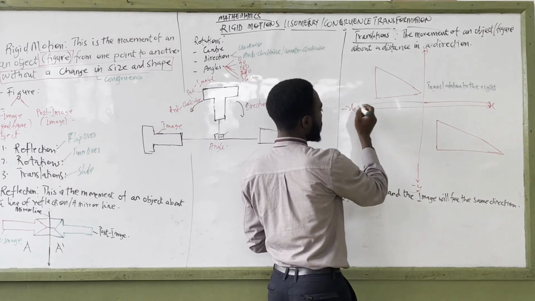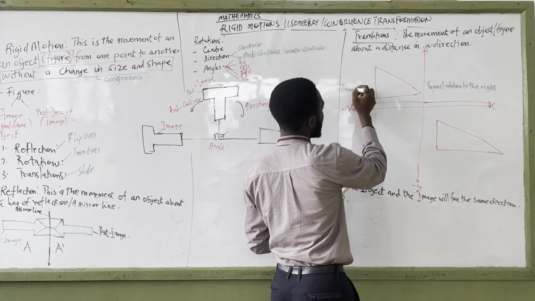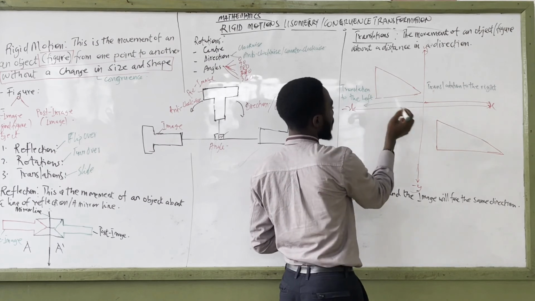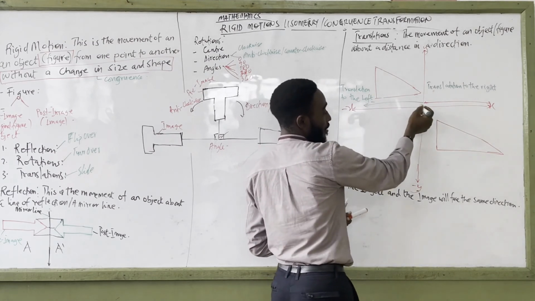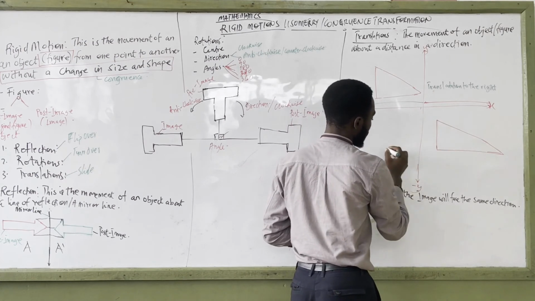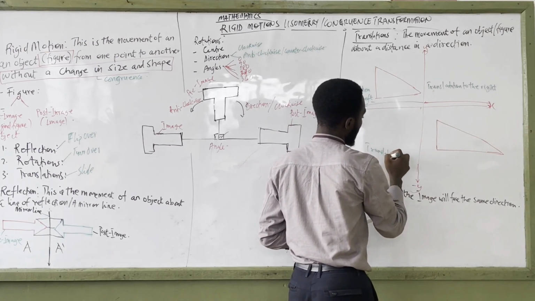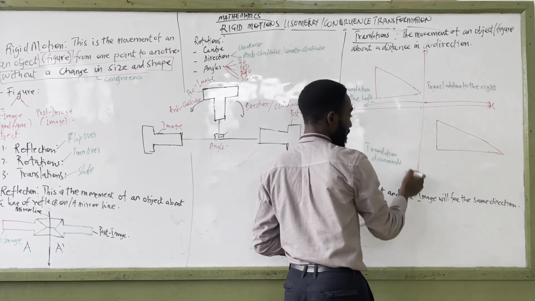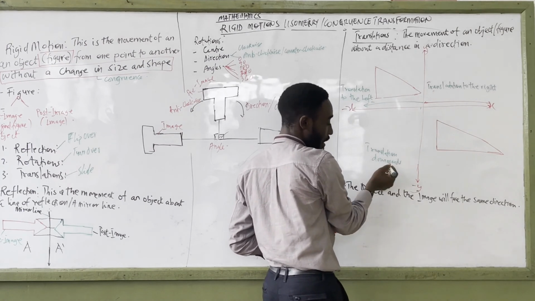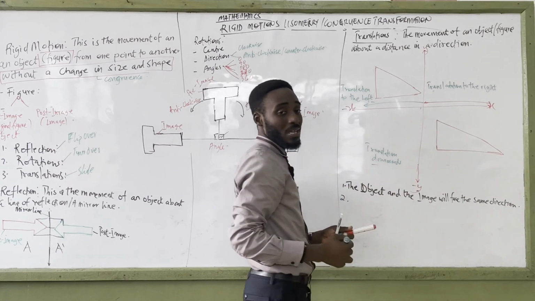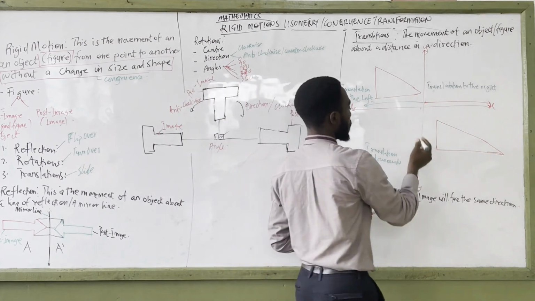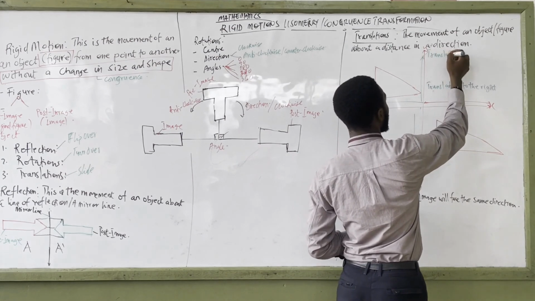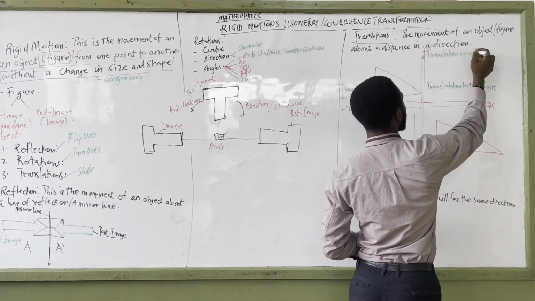Translation to the left is going to be negative because this is a negative axis, and translation downwards is negative. So an object can either move downwards, and if it's moving downwards, it's going to be affected negatively. When it's moving upwards, so translation downwards and then translation upwards.